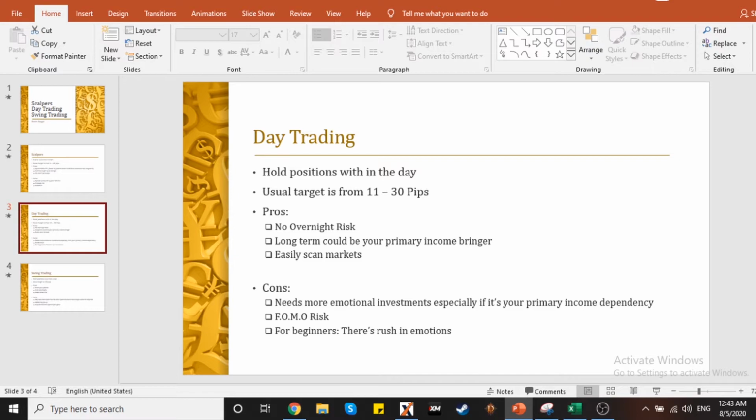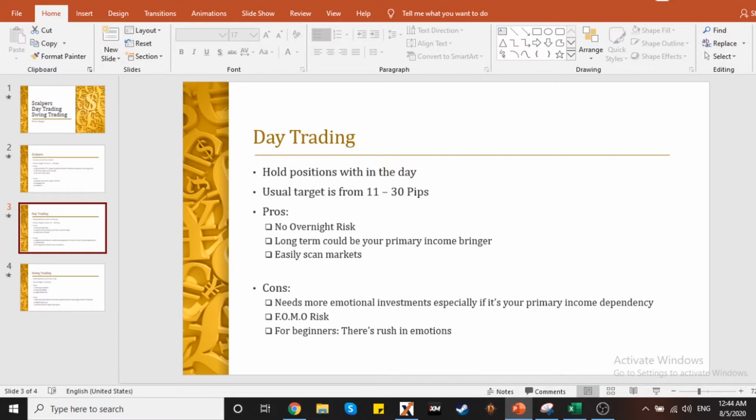So, maganda kasi pwede mo siyang pagkakitaan to an extent that if you have the capital, if you have the money to get serious into Forex trading business, it can cover your bills and even more, right? But like any other business, Forex trading is also a business that sometimes has your ups and your downs, but long term, you still earn money.